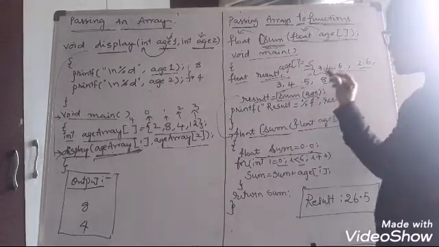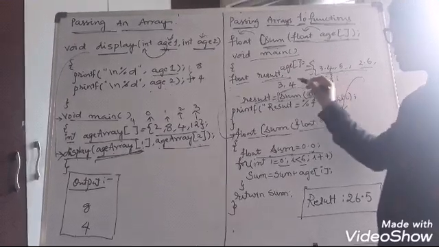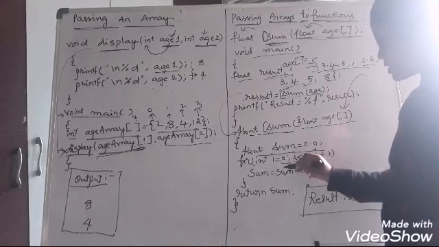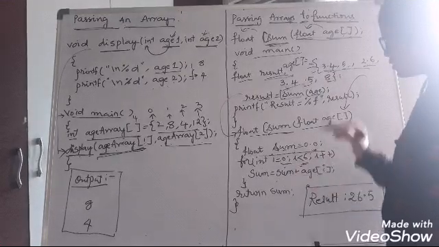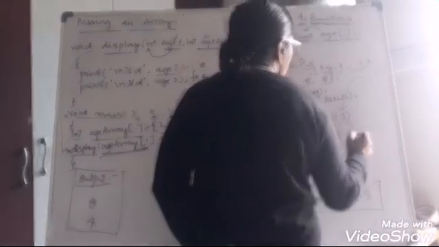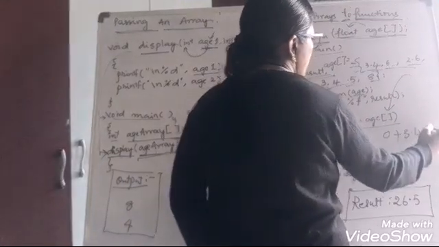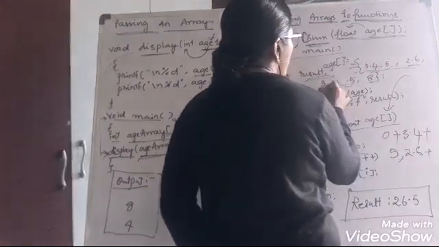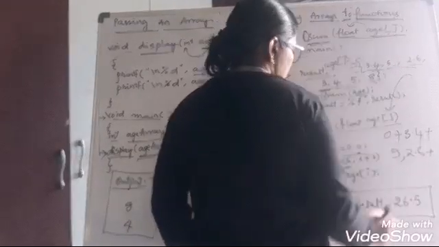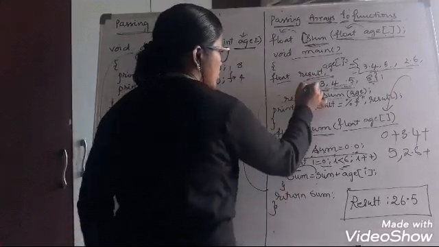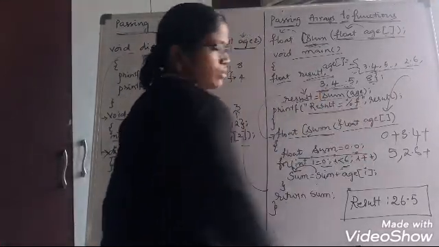So up to 6, 0 to 5, add. Age of 0 is 3.4, age of 1 is 5, age of 2 is 2.6 and age of 3 is 3, plus 4.5 plus 8. So this is assigned to sum and it returns sum to result. So that is printed out.